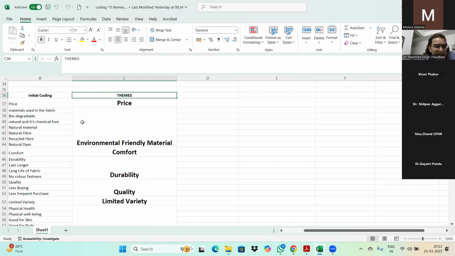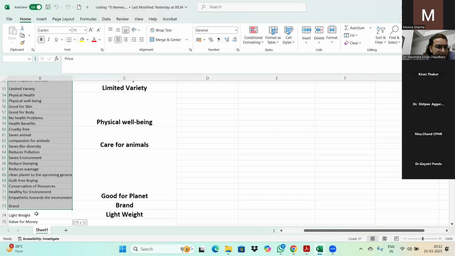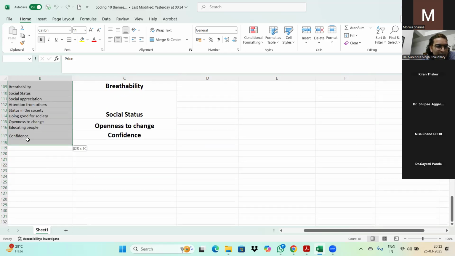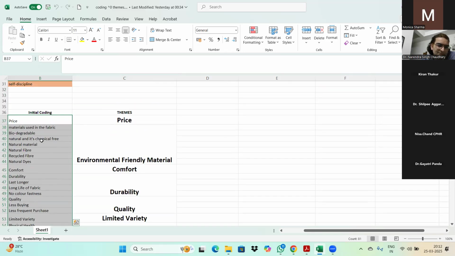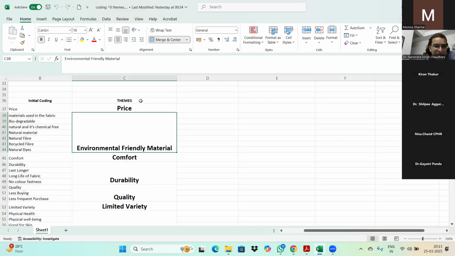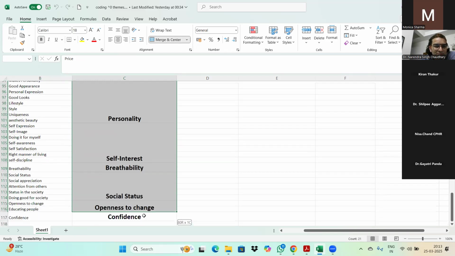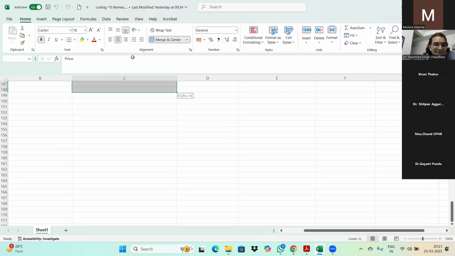And then from there I am going on. See my initial codes, how many are there? Can you see the number? Does it make some sense? When I'm trying to create themes, the number has gone down. The second order themes are less in comparison.